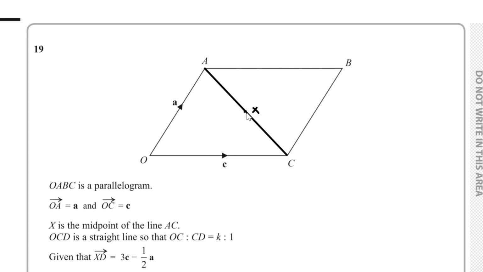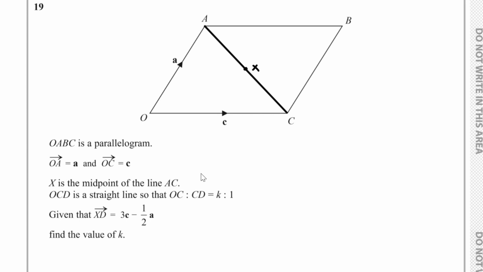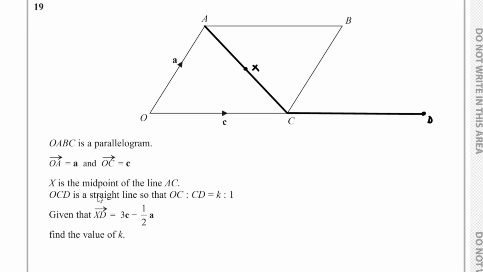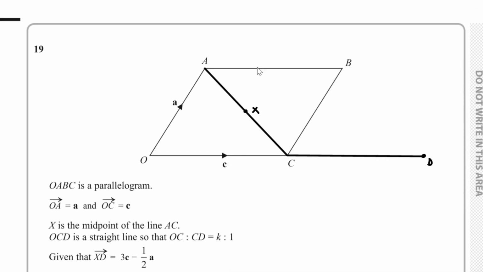And what we also know is OCD is a straight line. So what we're going to do is extend this line here, and then here somewhere we've got the point D. And what we also know is that X to D is equal to 3C minus 1/2 A. So let's just add this here.